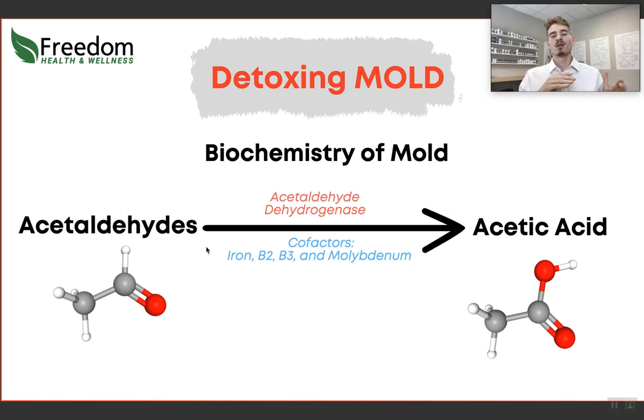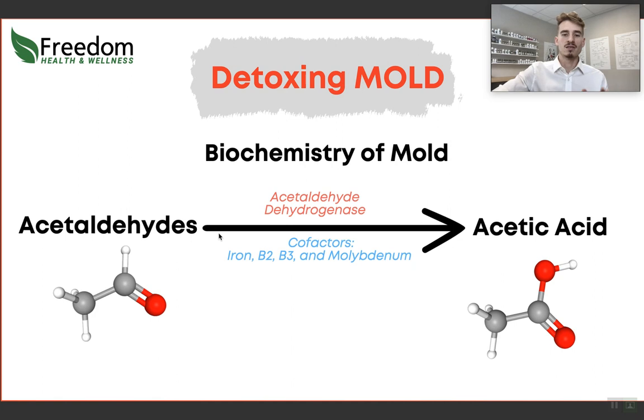If you are having issues with the smell in the air from a candle, or a perfume, or some kind of chemical that's sprayed in the air, maybe even cigarette smoke, all of those things are considered acetaldehydes, and the body breaks these down naturally and very easily if it has the right nutrients.